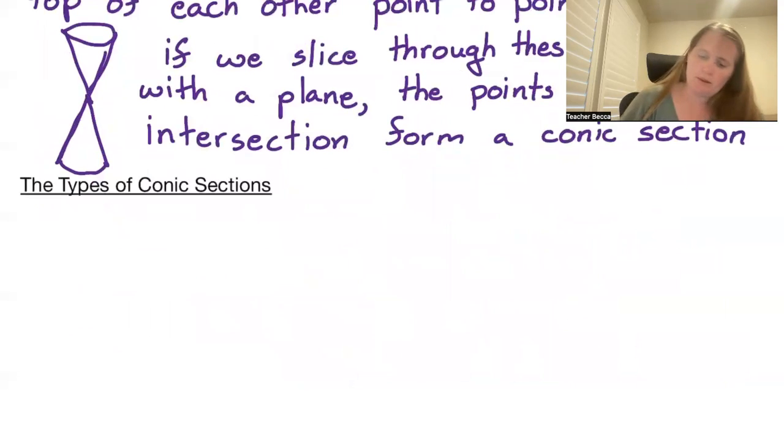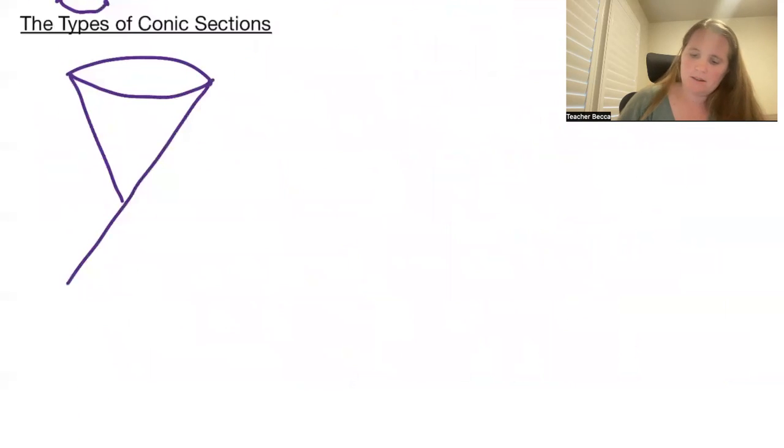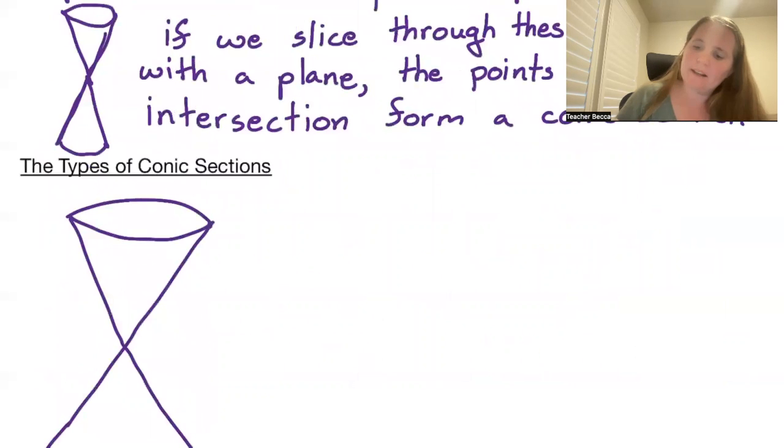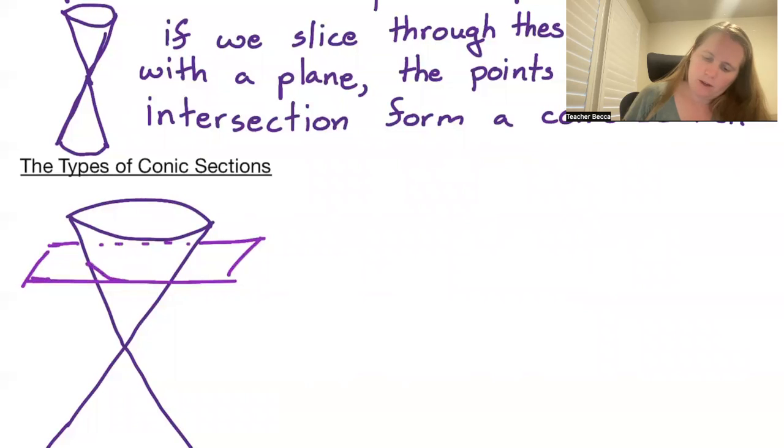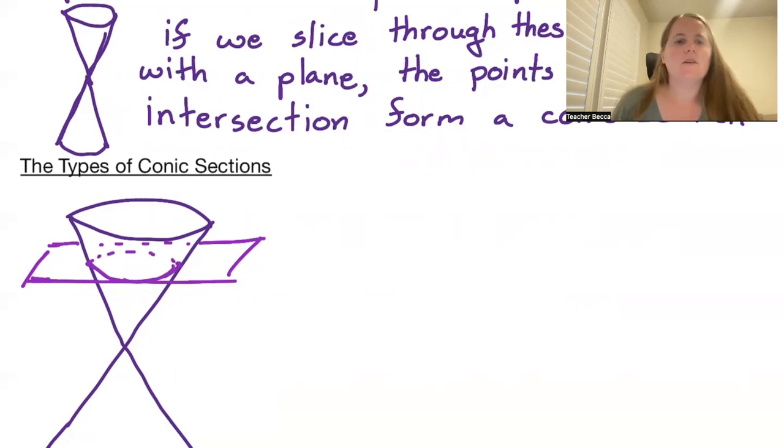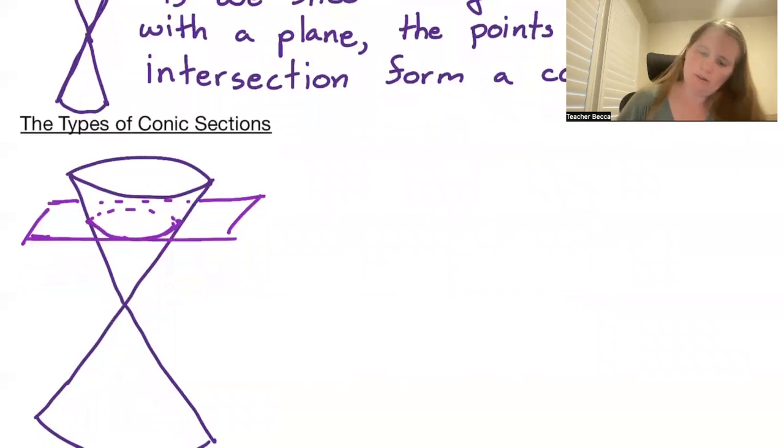So if you imagine taking a slice that's just sort of perpendicular to the cones and just cut through like this, the cut will wind up being a perfect circle. So one option is a circle.